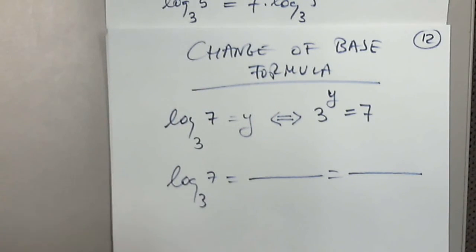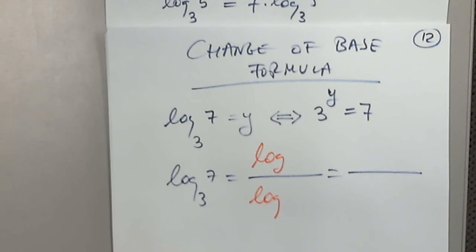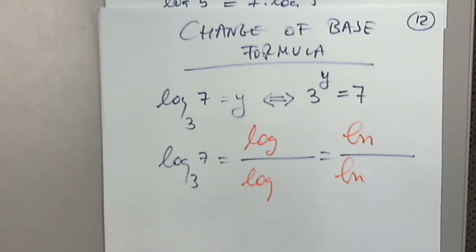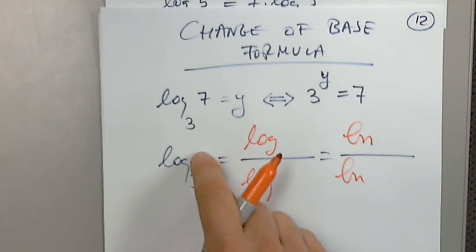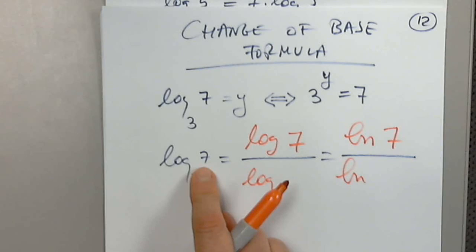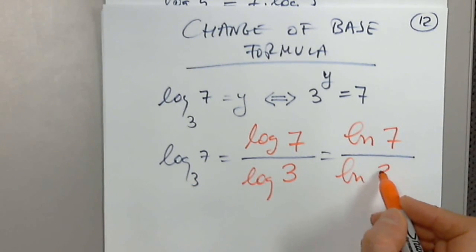And I'm changing them into what we have in the calculator, either log, both top and bottom, or ln, top and bottom. The top is always from the number we apply log to. And the bottom is always applied to the previous base.